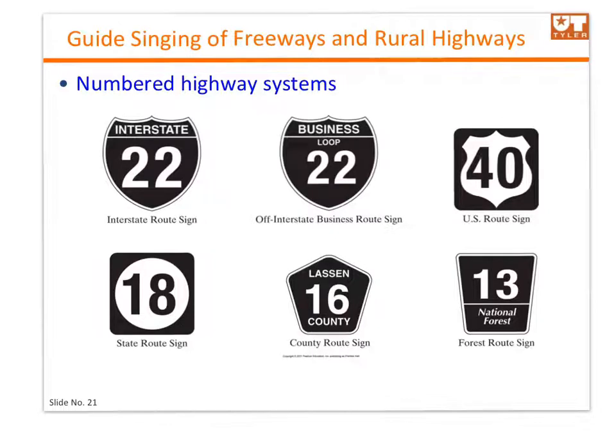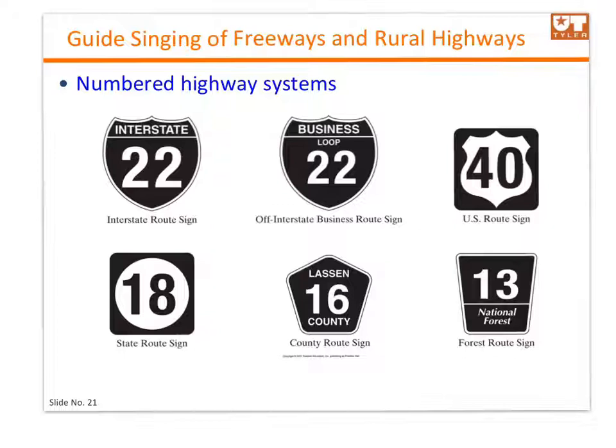Those are some examples of the numbered highway systems we can have, as we saw in the previous chapters. This is an interstate route sign, I-22. Here also we can have an off-interstate business route. When it comes to the US route sign, this is the typical design that we use. And when it comes to state route signs, that's the one.